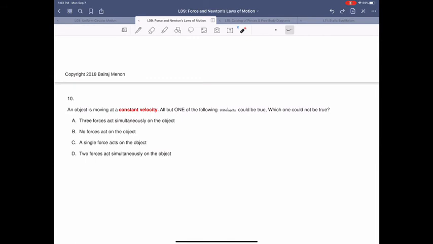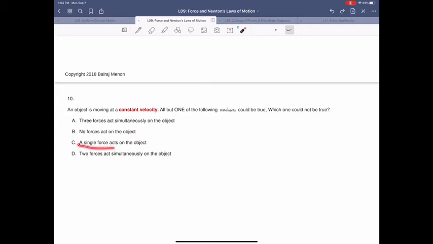No forces act on the object. Well, if there's no force, then yeah, the object will be moving at a constant velocity. Let's go to D. Two forces act simultaneously on the object. Well, I can add up the two forces and get the zero vector, a zero force.